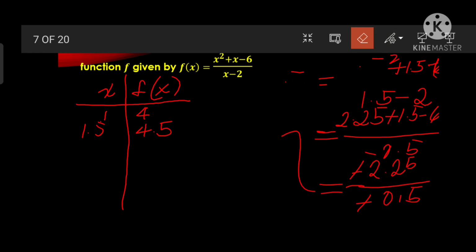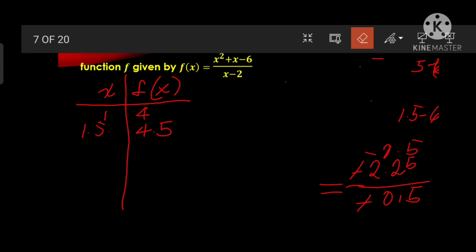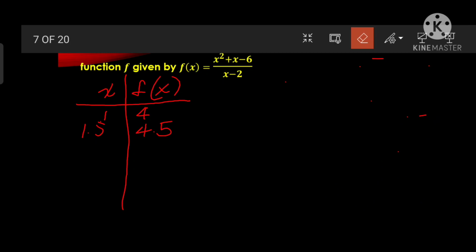Let's erase the computations here. Okay, so let's say we have 1.9.